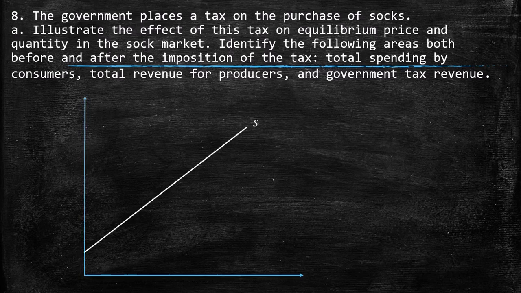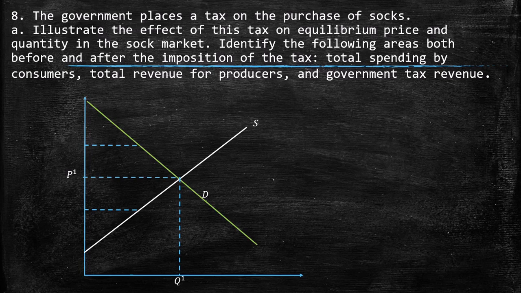So here we have the normal market without any intervention. So we have here P1 and Q1. On the x-axis we have quantities and on the y-axis we have prices. So this is the normal equilibrium, the free market equilibrium, P1 and Q1. So suppose there is a tax.